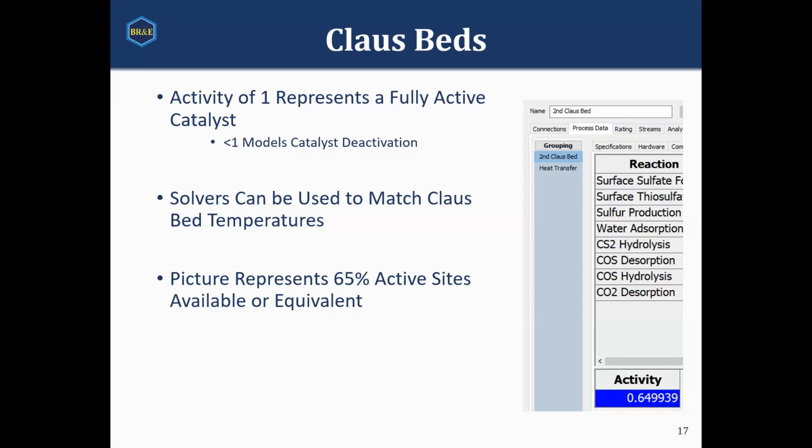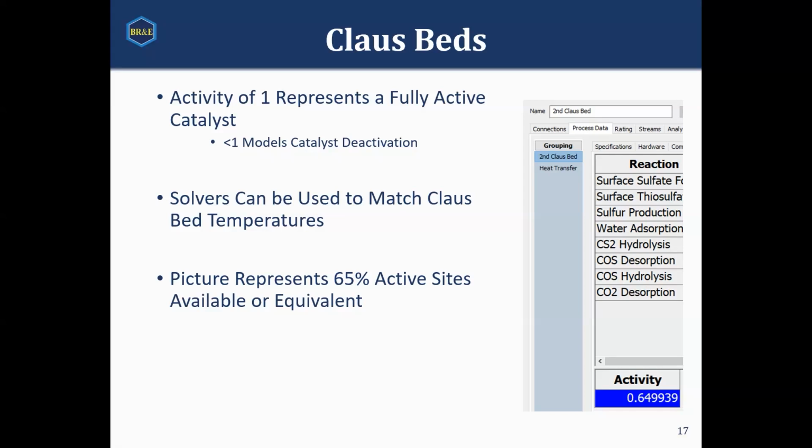If you've been to a ProMax training before, you know that that means that that value is coming from some calculator that the user has created, in this case a solver, and the activity is about 0.65. So what that means is that we are seeing that 65% of active sites on the catalyst are available, or an equivalence like that.